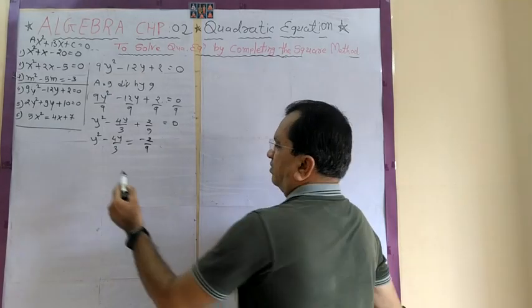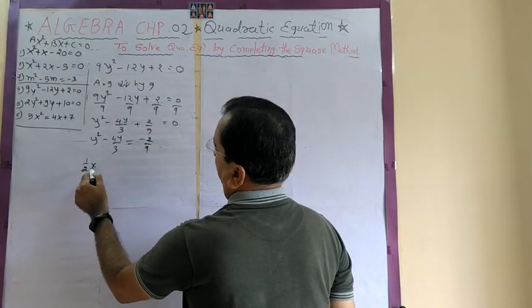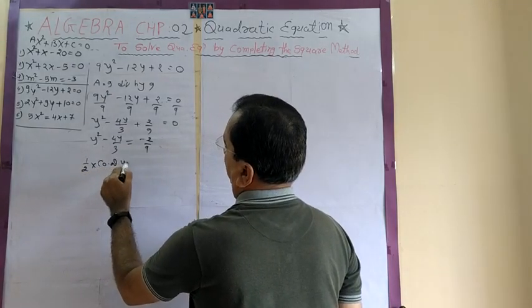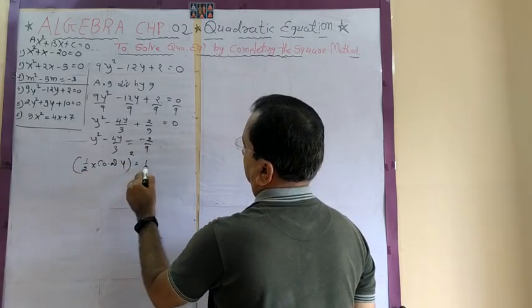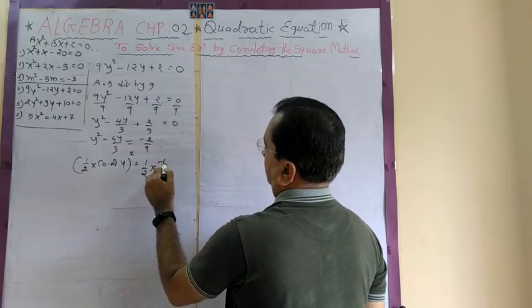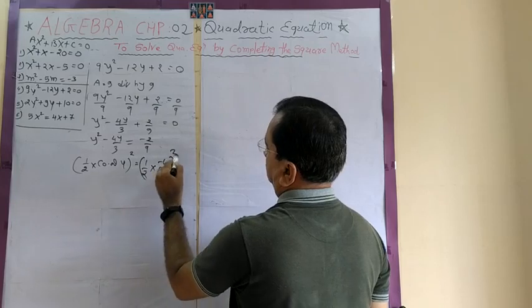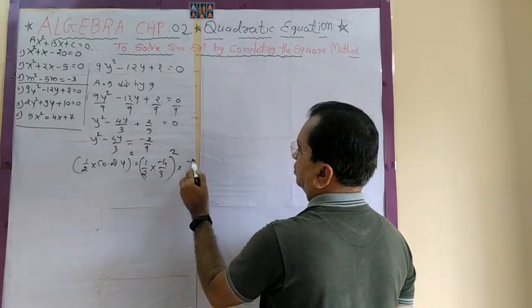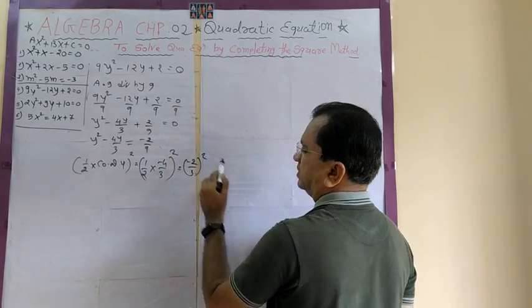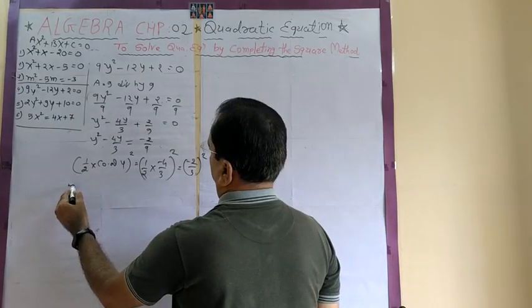Now formula: half of coefficient of y, half of minus 4 by 3 square, 2 2s are cancelled, so minus 2 by 3 square, so 4 by 9.